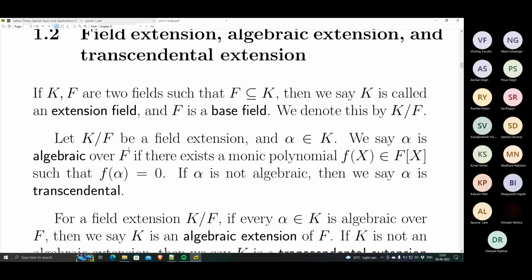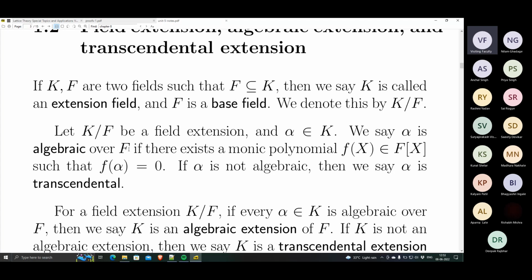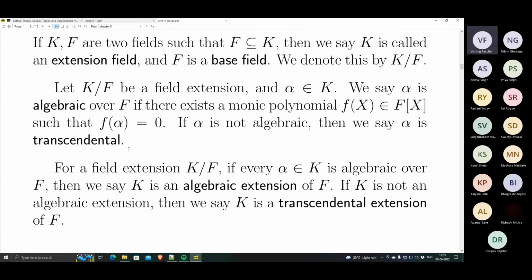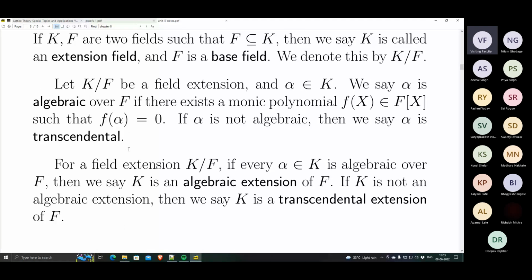All right. So what is an algebraic extension? Any field extension K over F such that every alpha in the extension field K is algebraic over the base field F is said to be an algebraic extension.